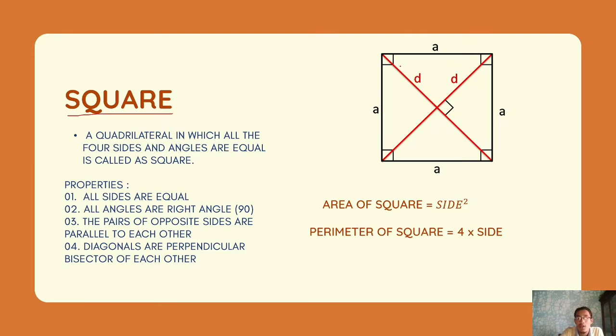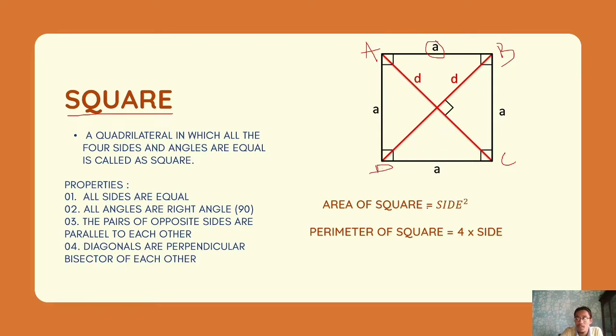You can see a figure here. So this is a quadrilateral. In this quadrilateral, there are four sides. The dimensions of these sides are represented as A. So this is A, this is A, this is A and this is A. That means all the four sides are equal in this quadrilateral. Let us consider this as quadrilateral ABCD.